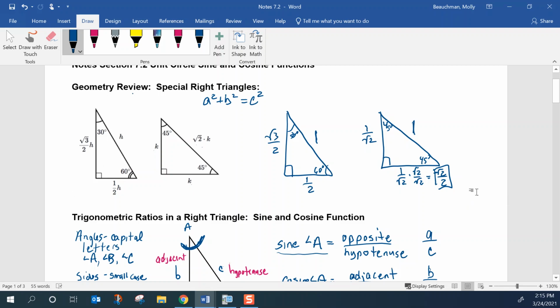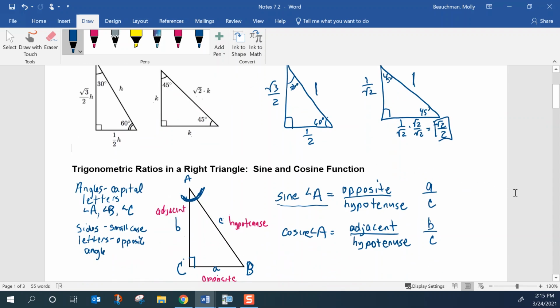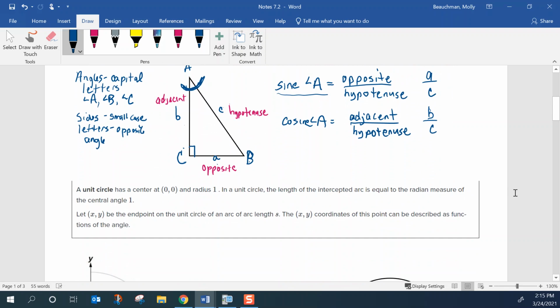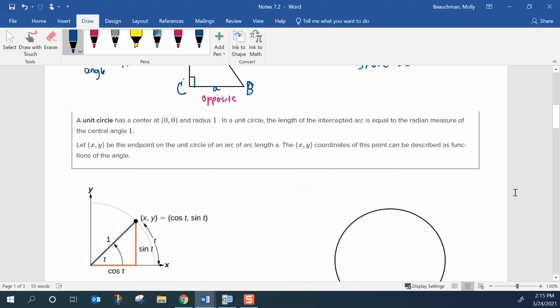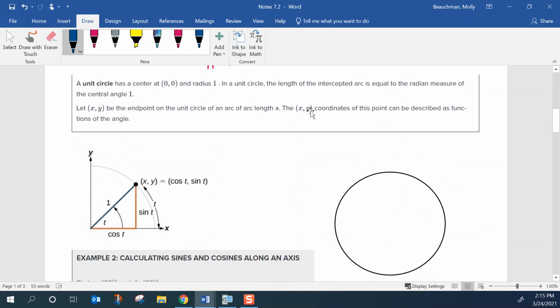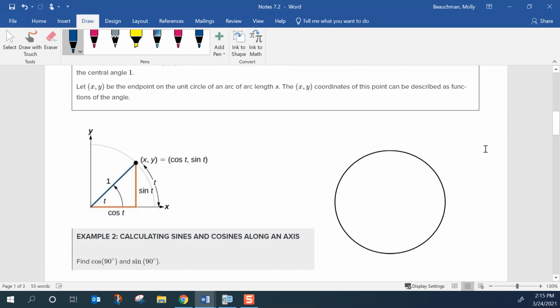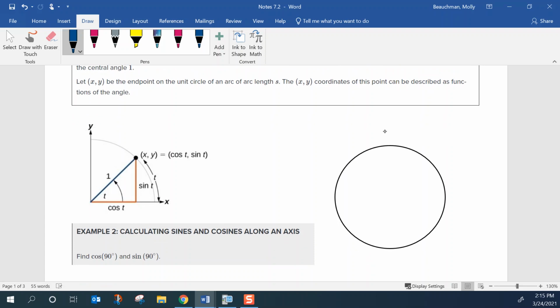What we're going to do is take these special right triangles and put them on a circle on the coordinate plane. So a unit circle has a center 0, 0, and a radius 1. So I'll draw that unit circle here. So this is on the xy axis.